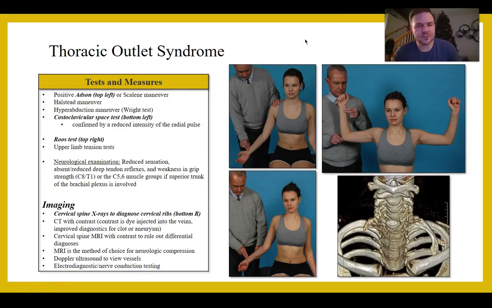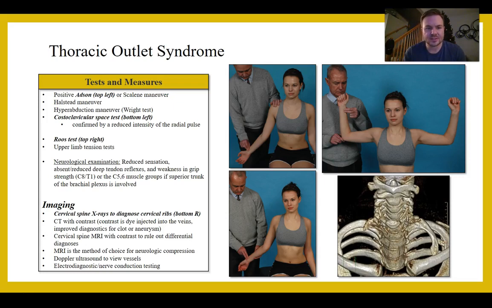So, tests and measures. Really, these tests and measures are to determine if there's a vascular cause, like the Adson test or the costoclavicular test or the Roos test. These are all common tests and measures to look for vascular issues of the arm. Your nerves, you'll just do the upper limb tension test.